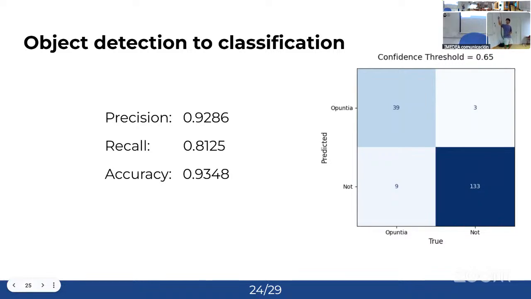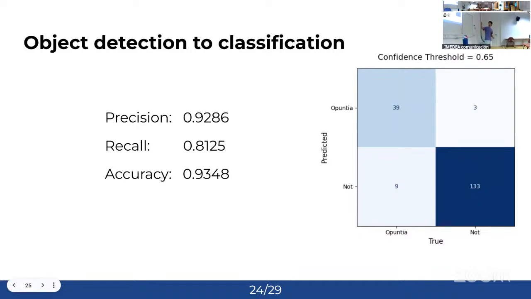An object detection model also works as a classification, because first it locates a possible region where we can find a plant, and then it says, is it or is it not a plant?